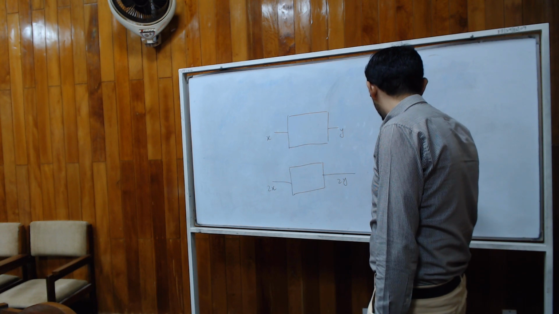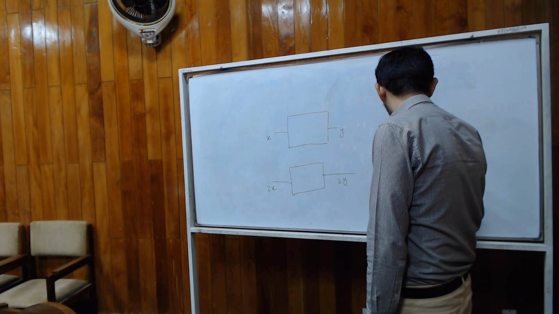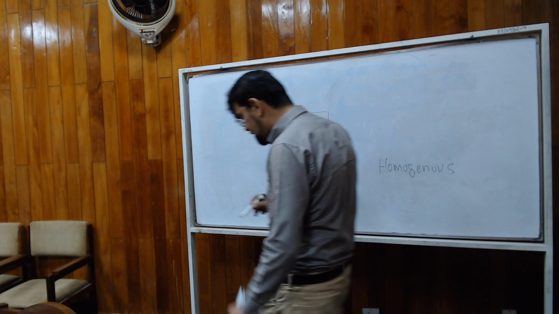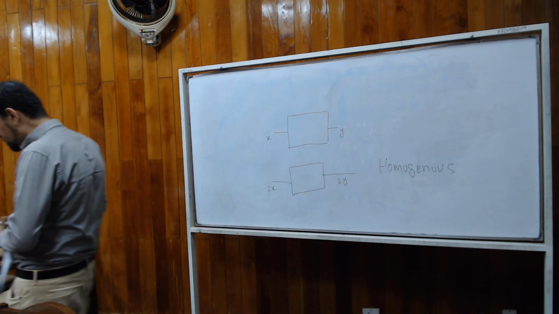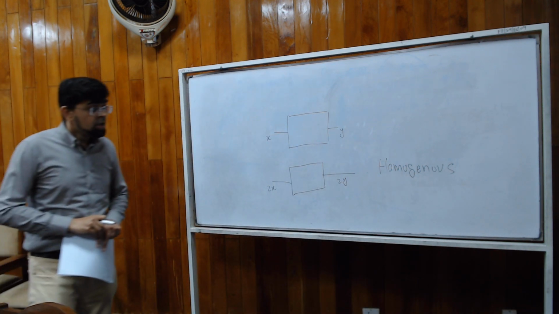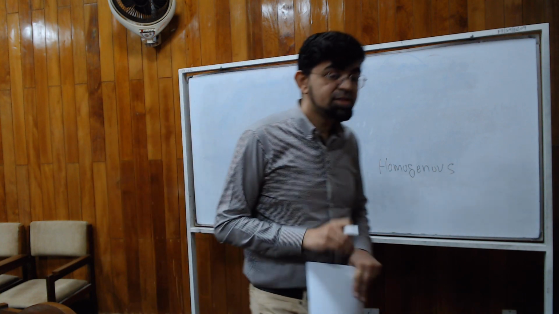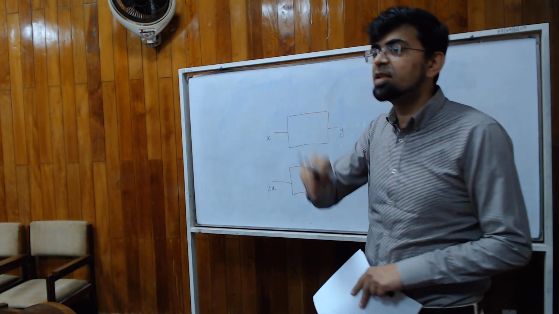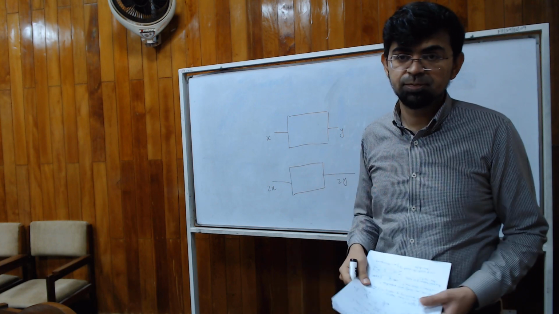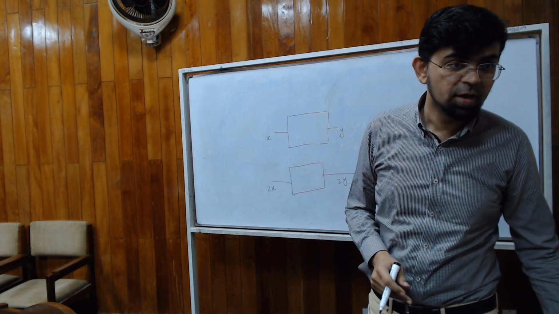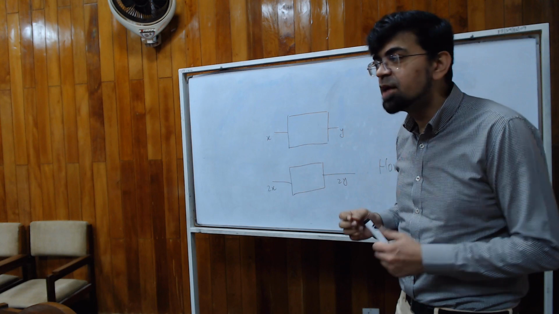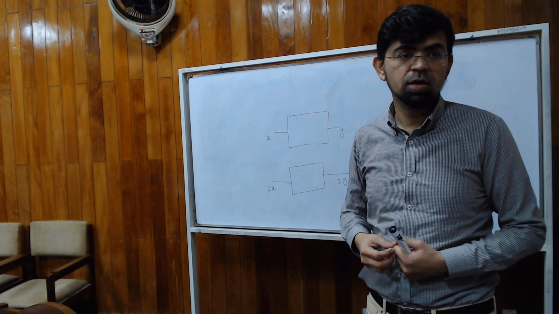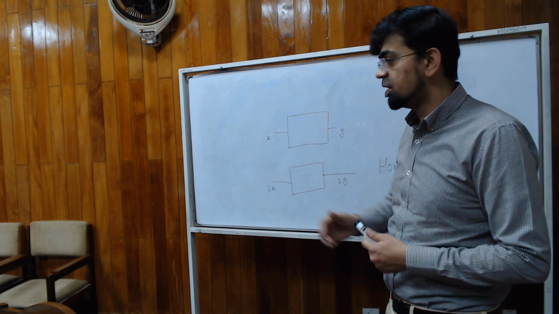Linear. Homogeneous, however you want to pronounce it. A system that scales its output exactly as you scale the input is called homogeneous. It is not bothered with what intensity you give it. If you double this, the output doubles too.